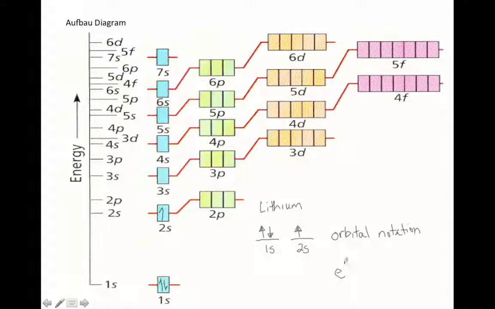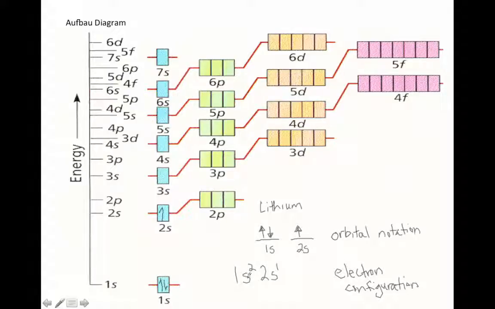And electron configuration looks like this. What we do is here I'll just write it out, 1s2, 2s1. So I'm just writing what's seen here.